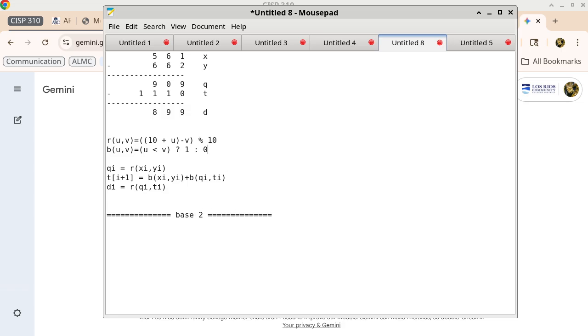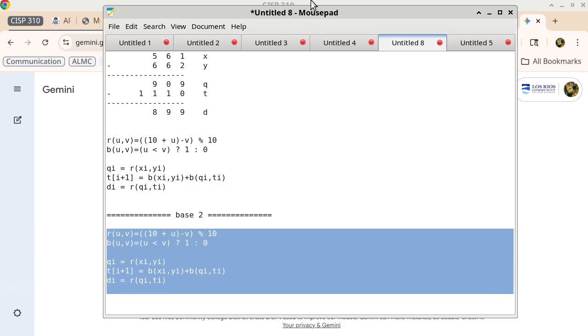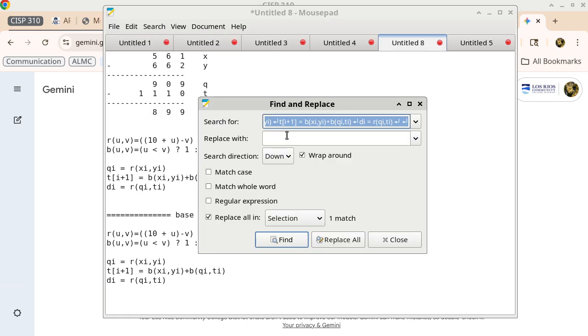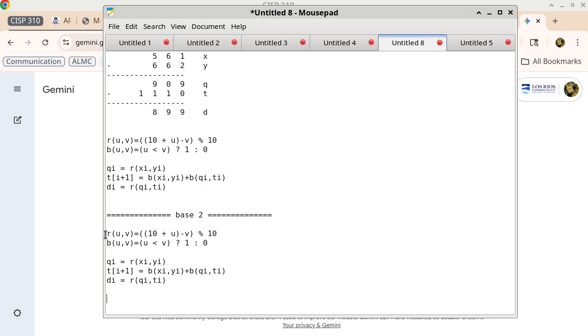To do this in base two, I'm going to copy and paste. We'll do it the lazy way, and I believe I can do a search and replace within the scope. Find and replace: we want to search for 10, replace it with 2, only within the selection, and replace all. That didn't work.